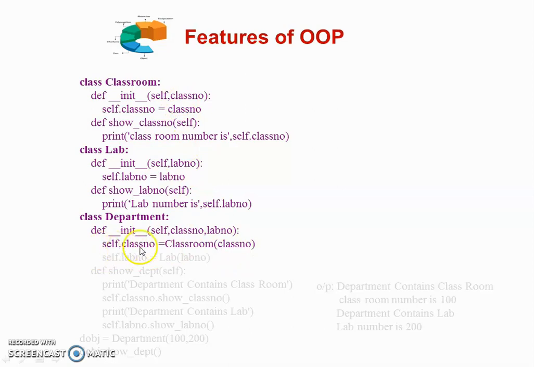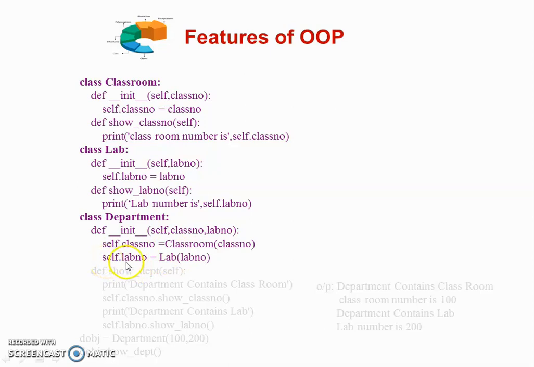So we write self.class_number is equal to Classroom of class_number. Means what? Here we pass the object as a parameter, or we use the object of one class in another class. It is called containership. Means what? Here we included the Classroom class inside the Department class, the same as with the Lab class.